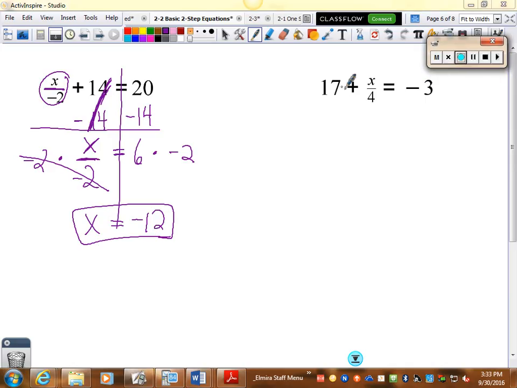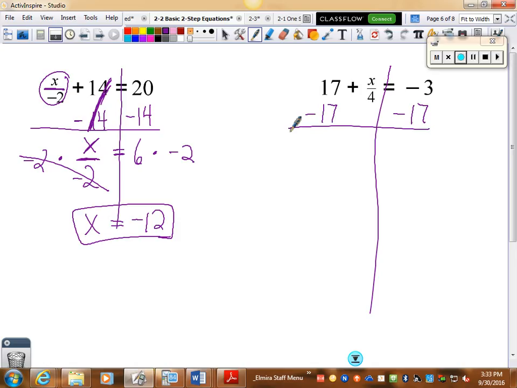All right, next one. Here's my equal sign. There's my x. 17 is the number that's the constant. It's positive, so I will subtract 17. That cancels out, and I bring down x over 4. Negative 3 minus 17 is negative 20. Now, if in your mind you thought it was anything besides negative 20, then I would encourage you to use your calculator from now on.